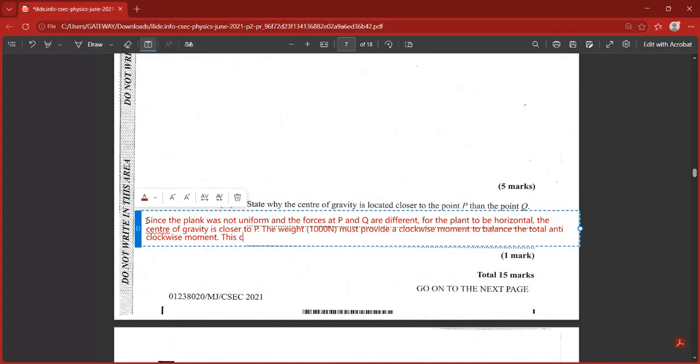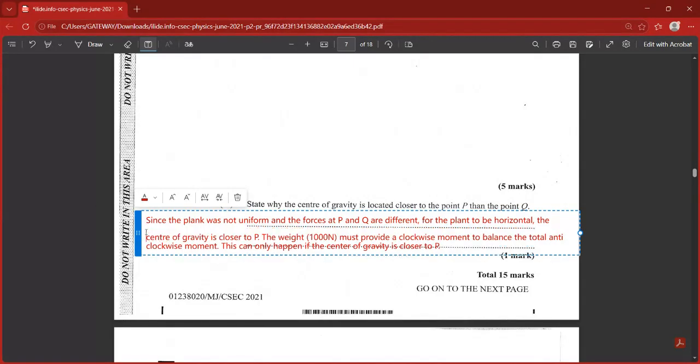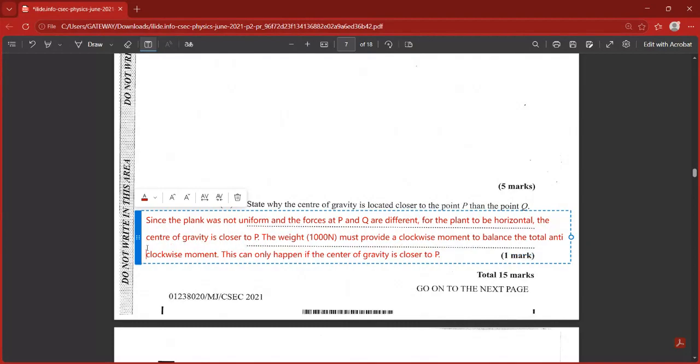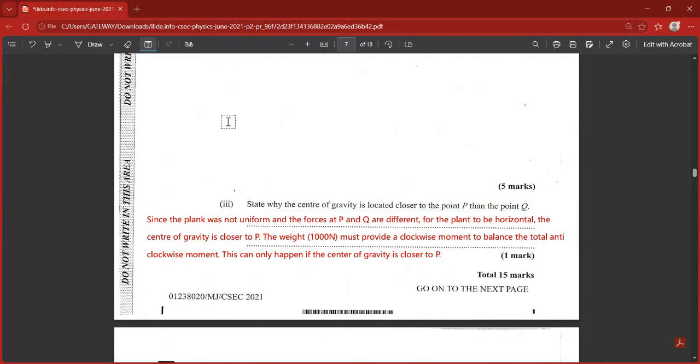Yes, this can only happen if the center of gravity is closer to P. Right. So you understand the solution for this question, right?